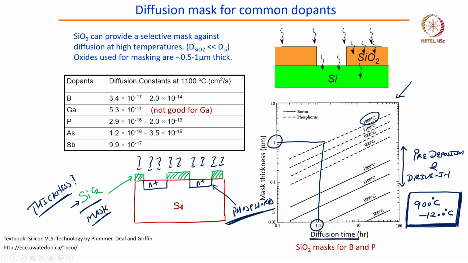Okay. Now, let us take an example of boron. If you want to dope boron for 1200 degree centigrade for 1 hour, then something like this, right. So, for boron, the thickness that is required is 0.1 micrometer, right.